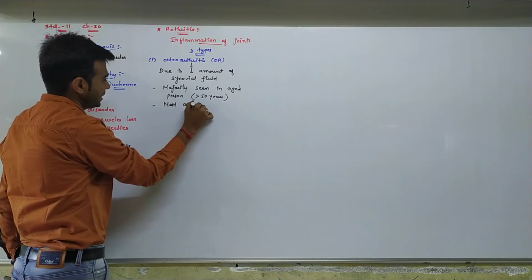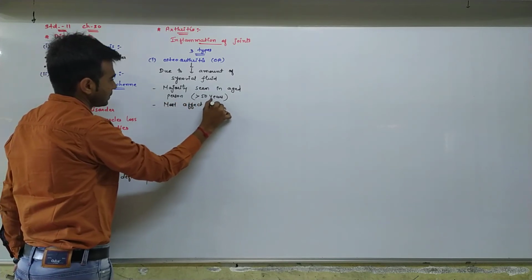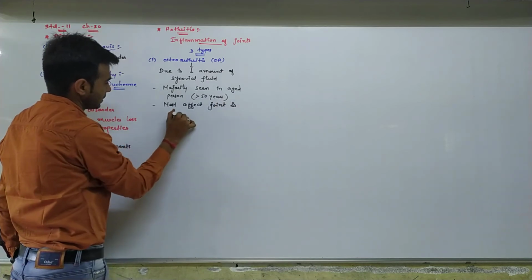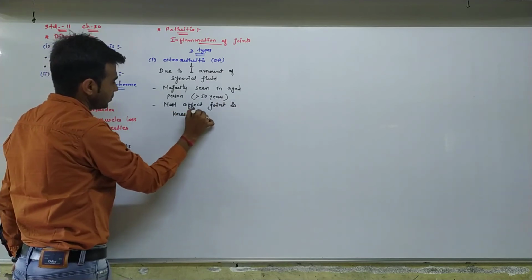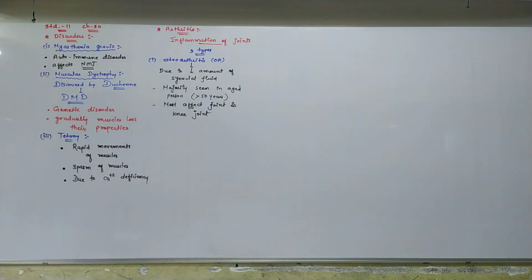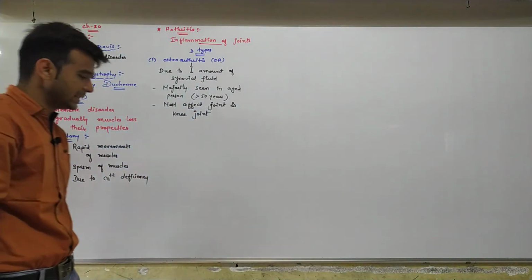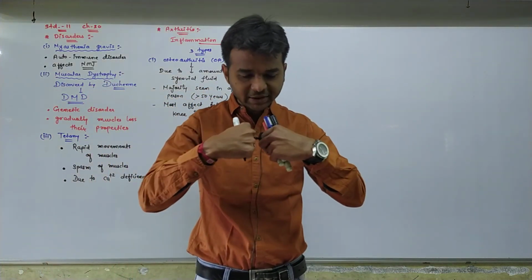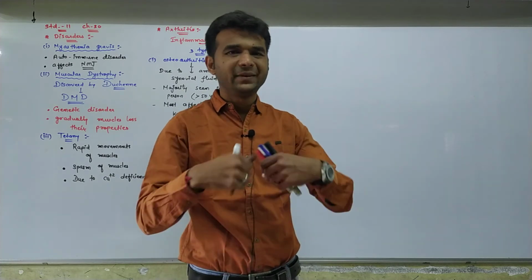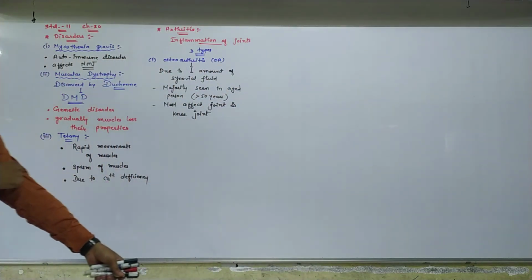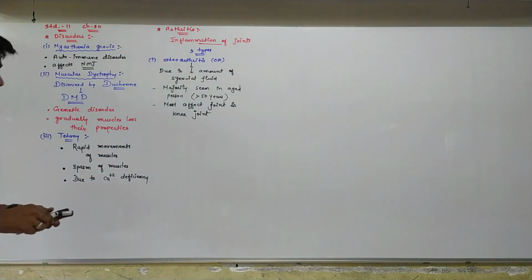Most affected joint is the knee joint. So in the knee joint, the synovial fluid decreases. As a result, both the bones come together and friction movement occurs. So it is seen in aged persons.